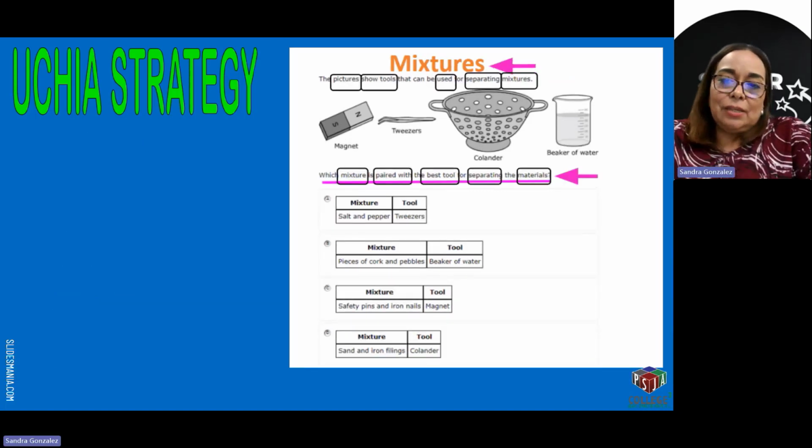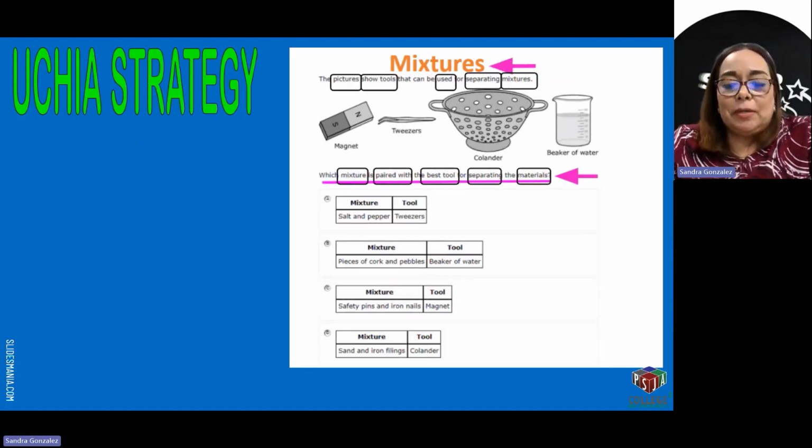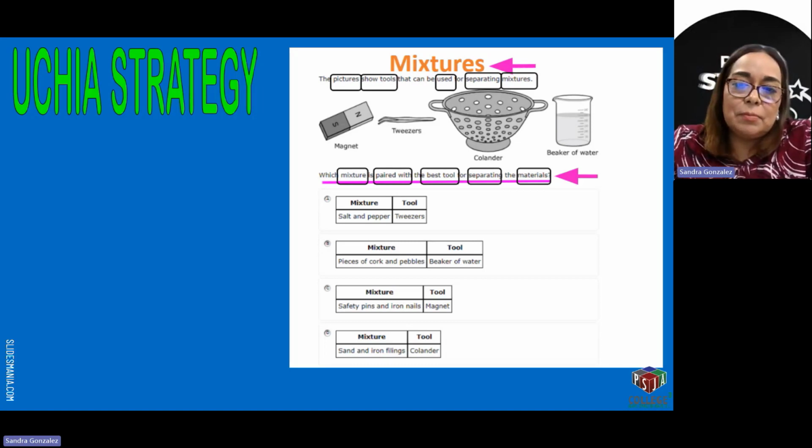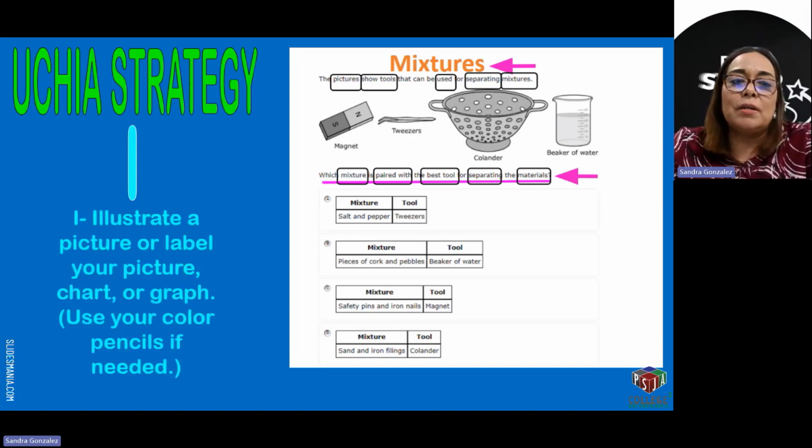Awesome, thank you for participating with me. So we've done the U, we've done the concept, we've identified our keywords that are going to help us find the answer in the question. Now we have the letter I. I stands for illustrate. Illustrate a picture or label your pictures, chart or graph if provided.